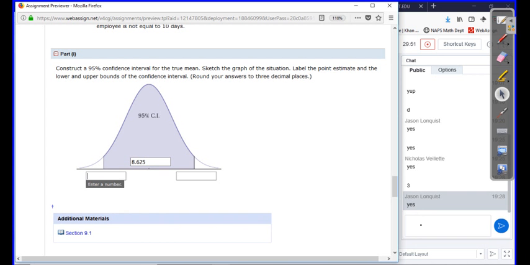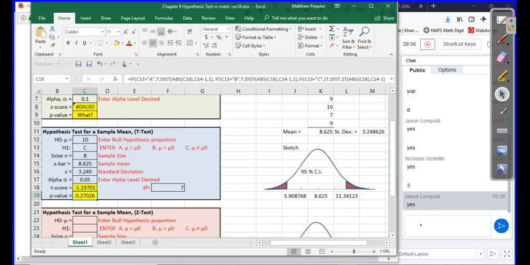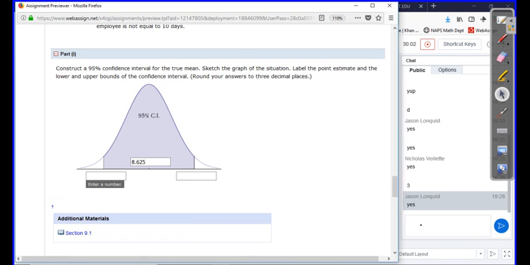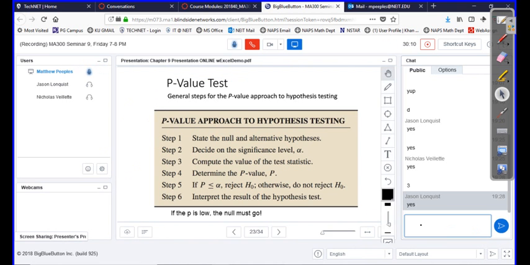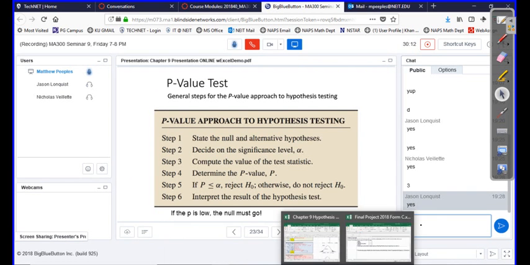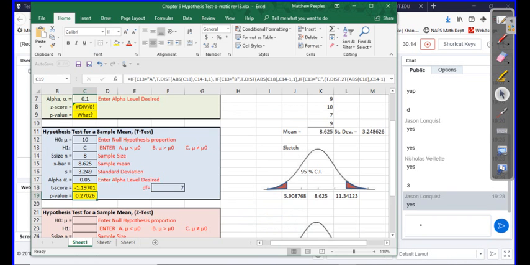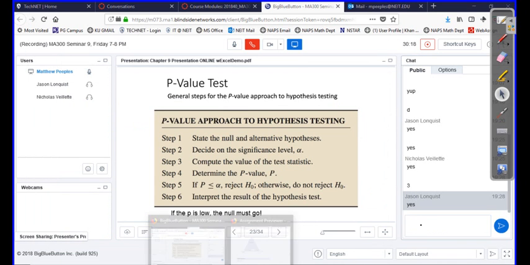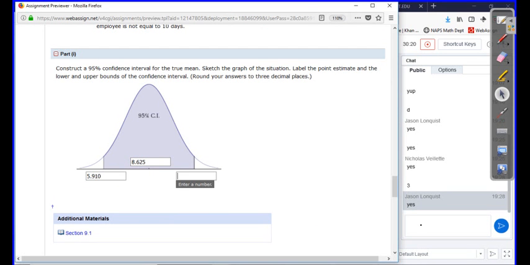Our 95% confidence level goes from 5.9087, so 5.910 here, and goes up to 11.341. So 11.341. That's our answer right there.